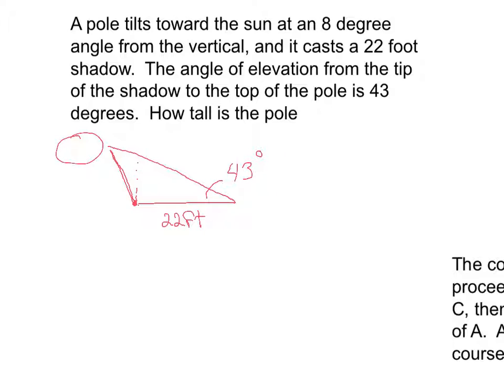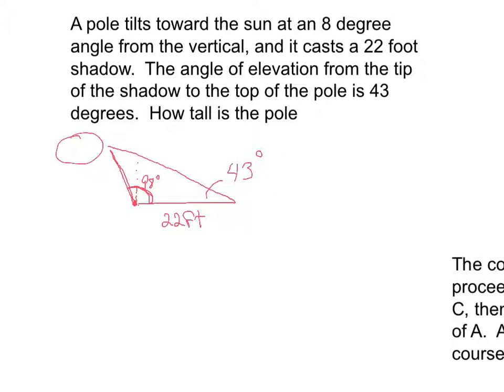Now we have one side, we have one angle, and I think we can find the measure of this angle. If it's 8 degrees toward the sun from vertical, then this angle has to be 98 degrees, 90 degrees plus the 8 degrees. So now we have two angles and an included side.